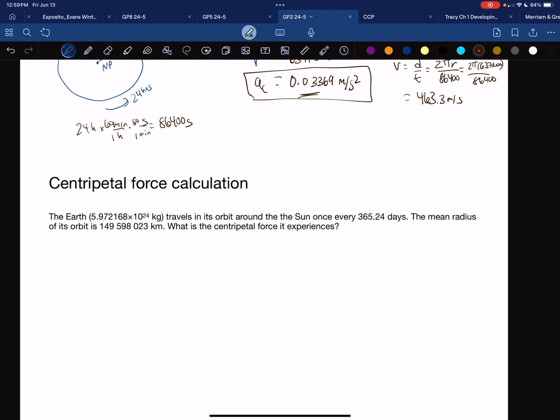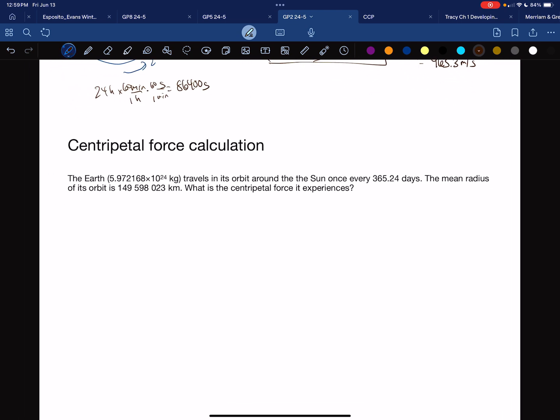How would we calculate the centripetal force of the Earth traveling around the sun? Well, the centripetal force would be mv squared over r. And we need the mass of the Earth, which is given to us nicely, 5.9721 times 10 to the 24th.